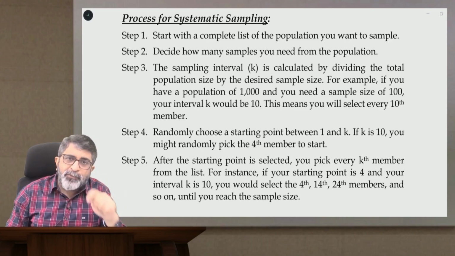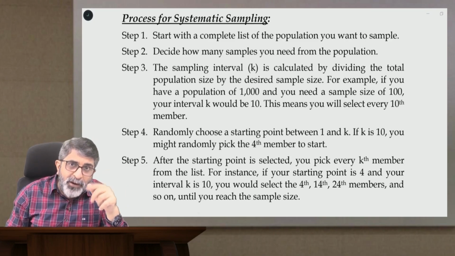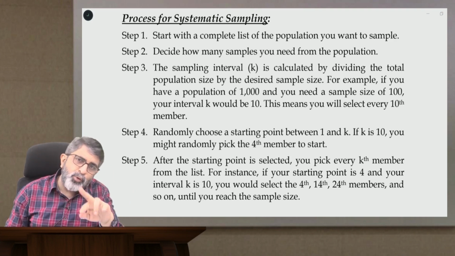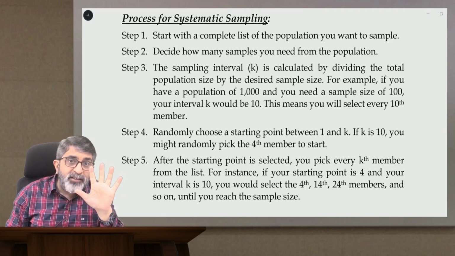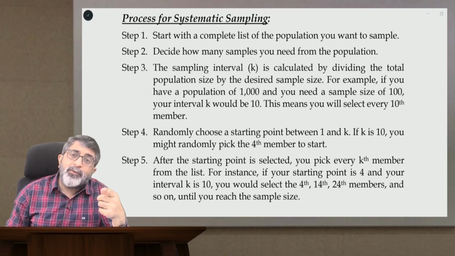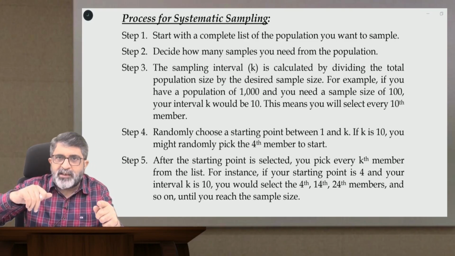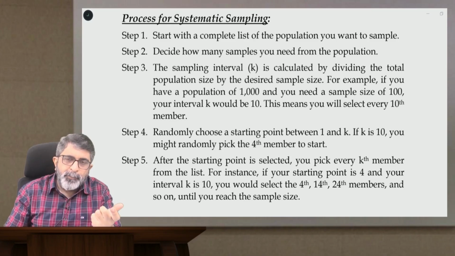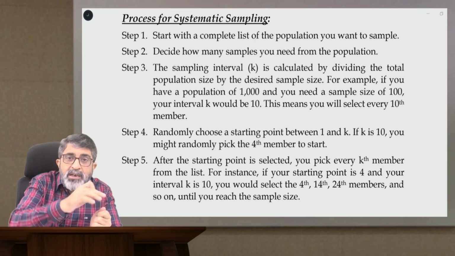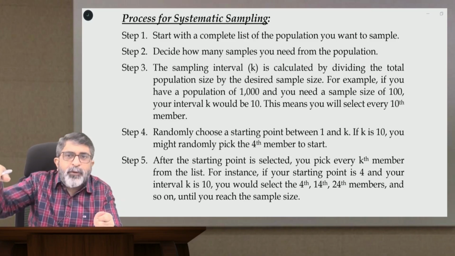Then 200 by 1000 is 1 by 5, or if you invert that, it will be 1000 by 200, that is 5. Interval becomes 5. When interval becomes 5, every 5th member is going to be selected. Now you define a starting point, say the second member. After the second member, every 5th member.